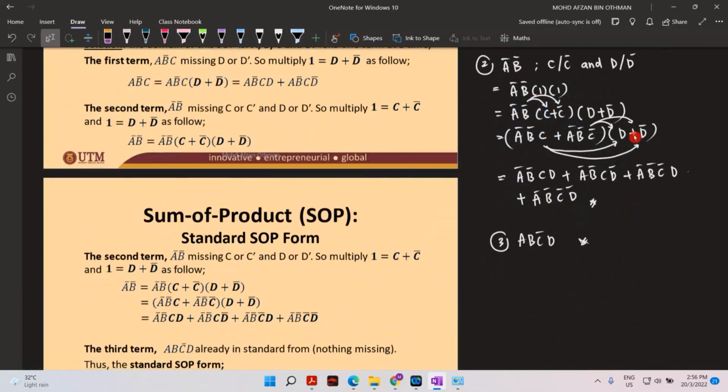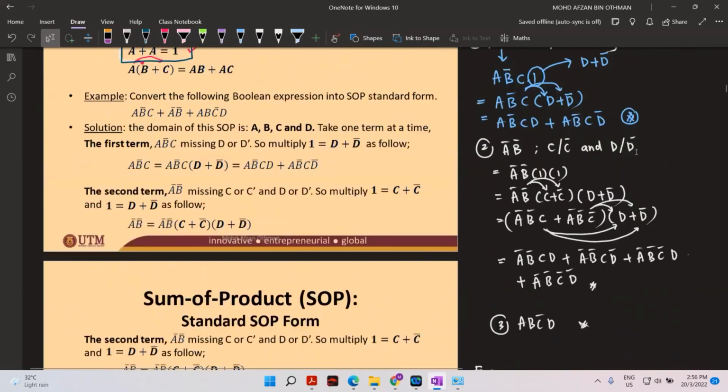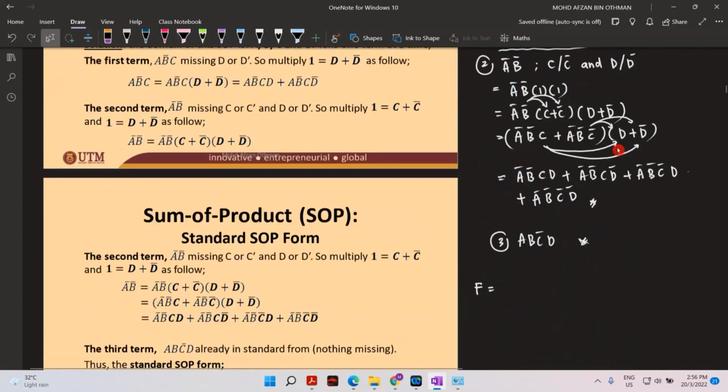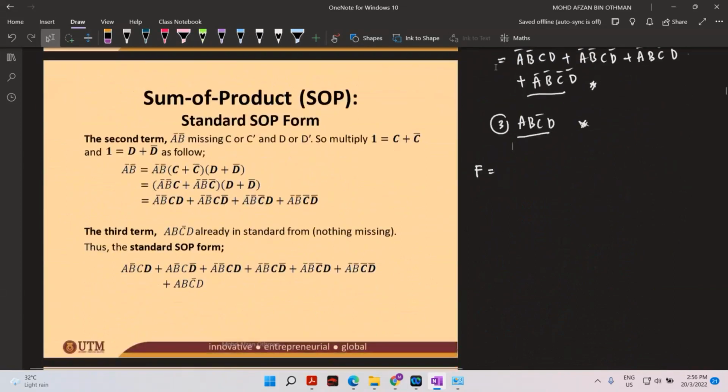Okay, now kita nak buat apa? Kita nak formkan kita punya standard SOP form. Macam mana nak formkan dia? Just tambah je yang kita dapat ni untuk yang first product term, tambah dengan yang ni, tambah dengan yang ini. Hasilnya kamu akan dapat macam ni. So this is the standard SOP form.